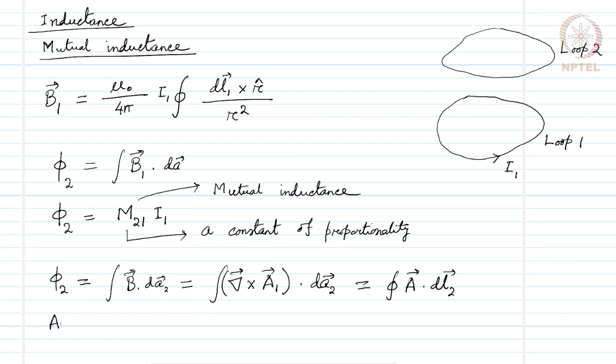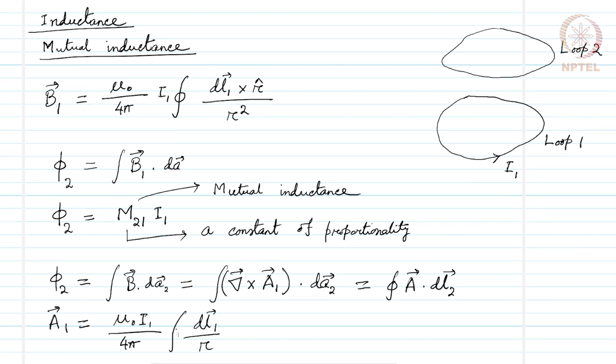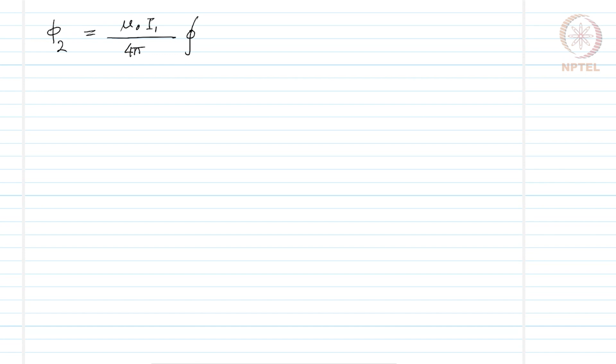How do we express the vector potentials ordinarily? A1 can be expressed as mu naught I1 over 4 pi integration dL1 over R. And if this is the expression for the vector potential, then phi 2 can be expressed as following what we have developed so far: mu naught times I1 over 4 pi closed integral, because we have a closed loop carrying I1 current, closed integral of a closed integral over dL1 over R dot dL2.